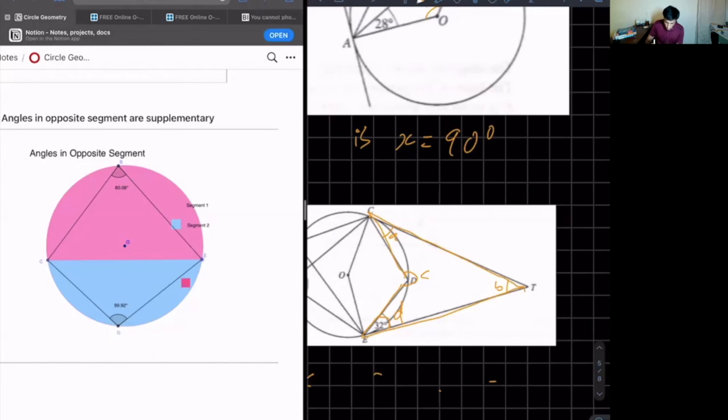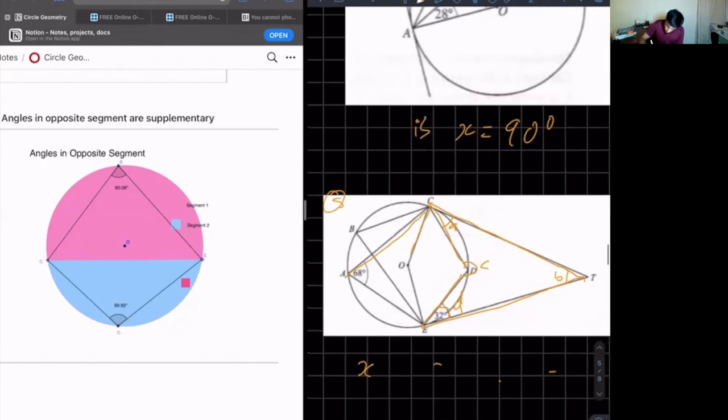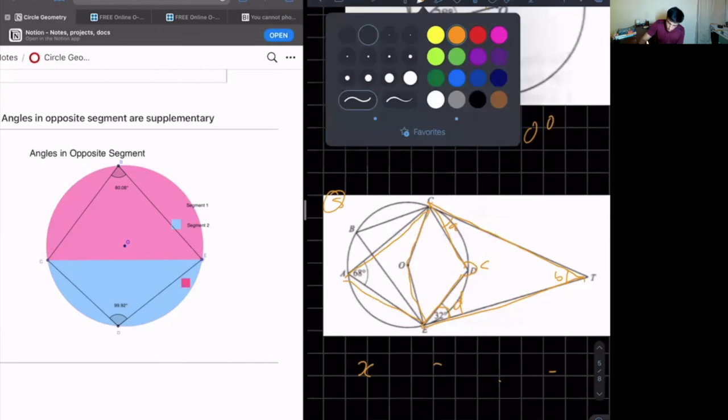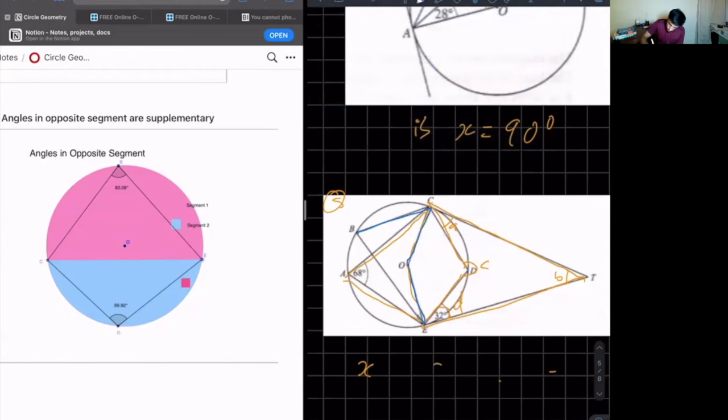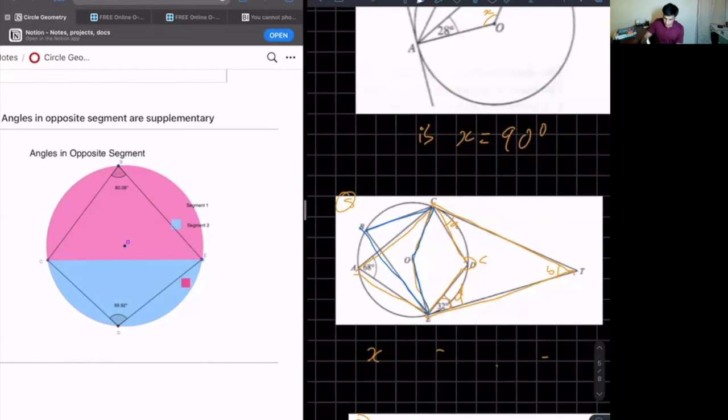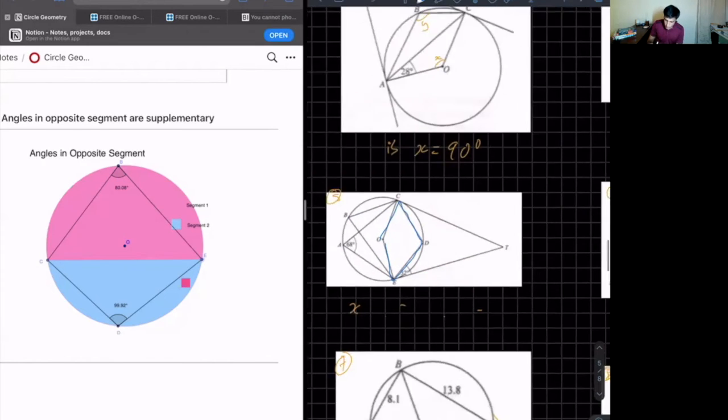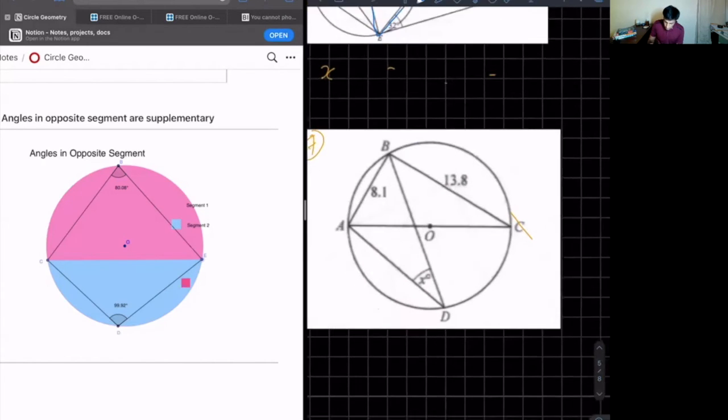These add up to 360. This thing also adds up to 360, and this thing also. Start noticing that this shape has so many quadrilaterals inside of it. Same thing here, this also adds up to 360. So this can be used. Good, all right, let's move to this one.